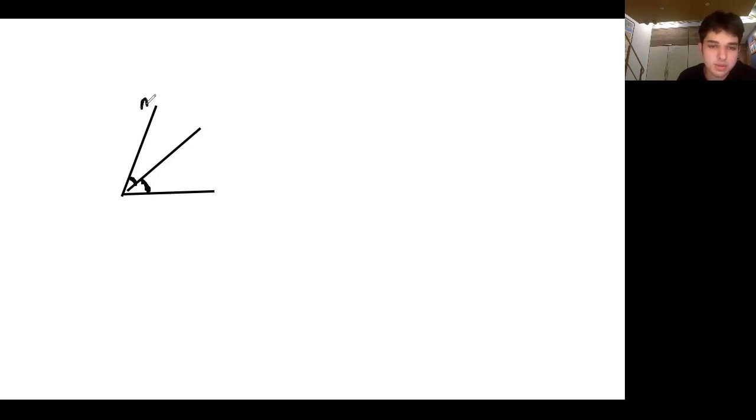So A, B, C, and let's call this D. That means angle ABD and ABC would be adjacent to each other. What makes angles adjacent is the fact that they have a common ray, or a common arm. This is a really important concept which we'll need for later parts of this chapter.